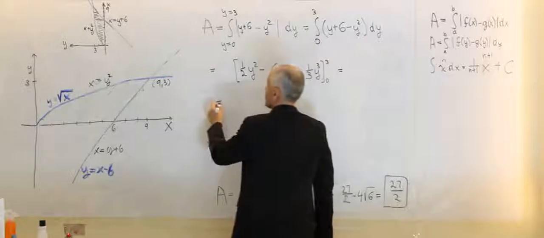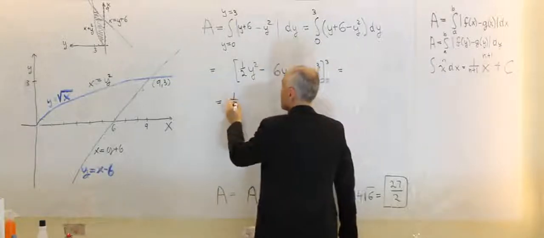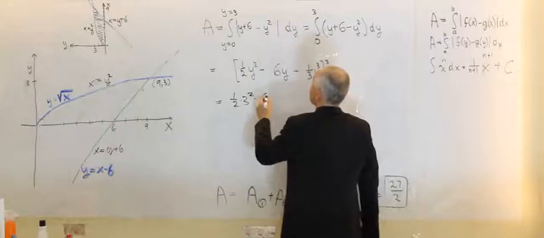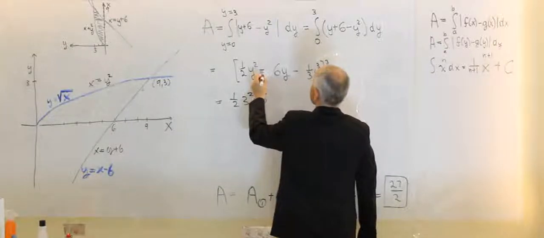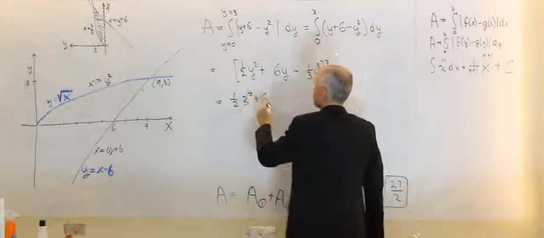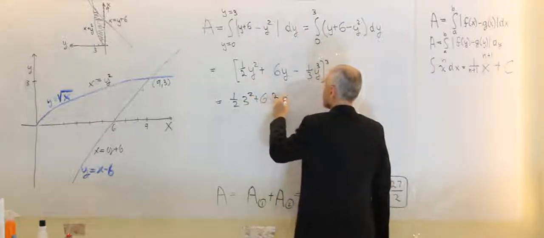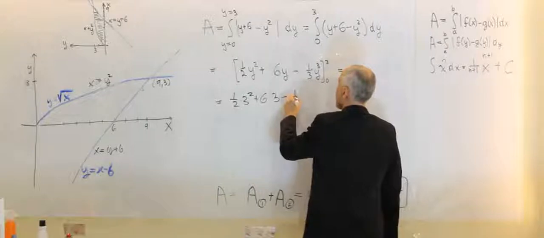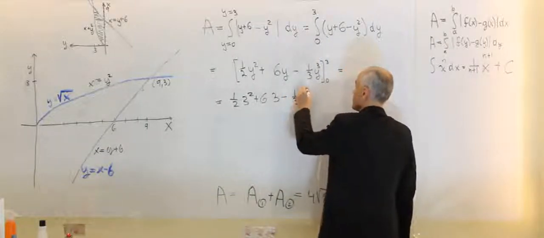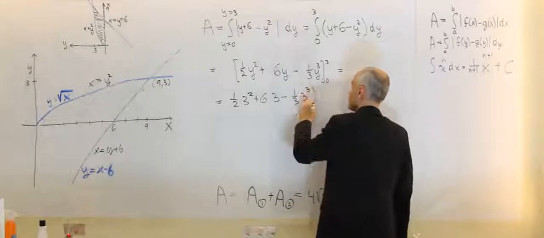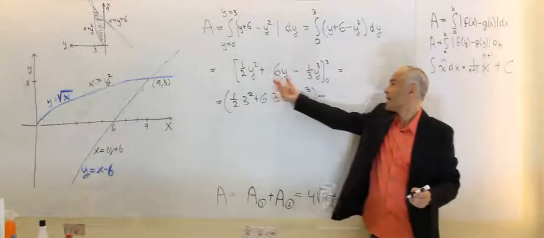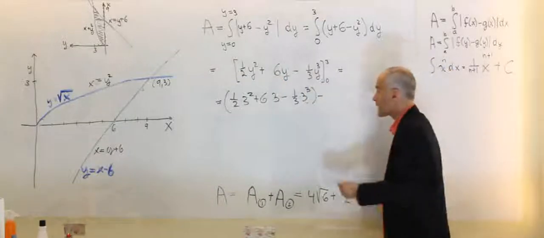Okay, so let's evaluate this. At 3, I got 1/2 times 3 squared, sorry, it's actually plus 6y here, so plus 6 times 3 minus 1/3 times 3 to the 3rd power. And let's evaluate this expression at 0.